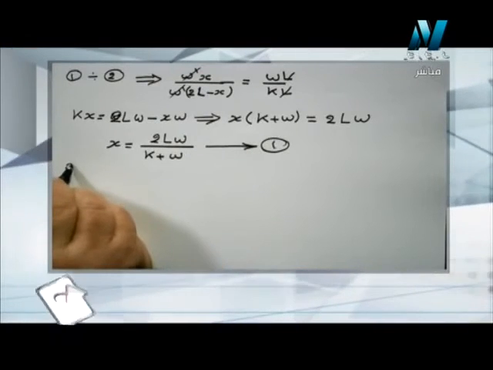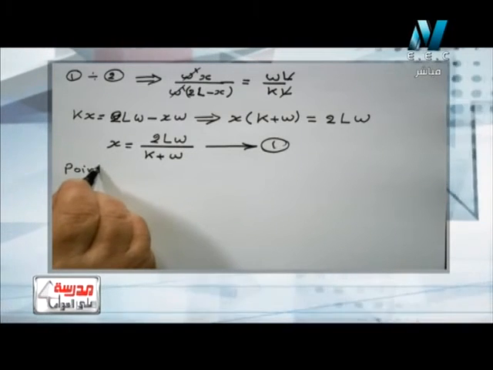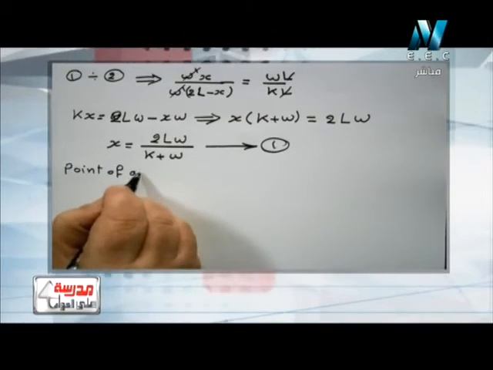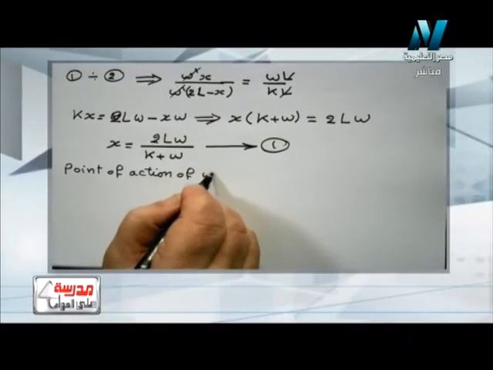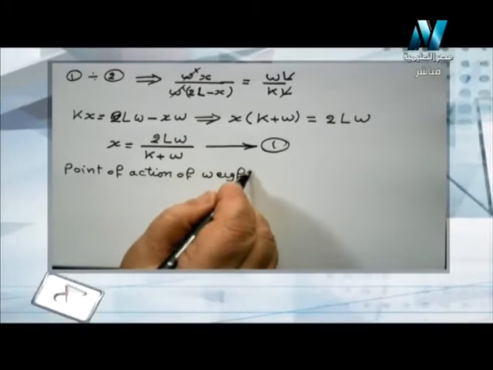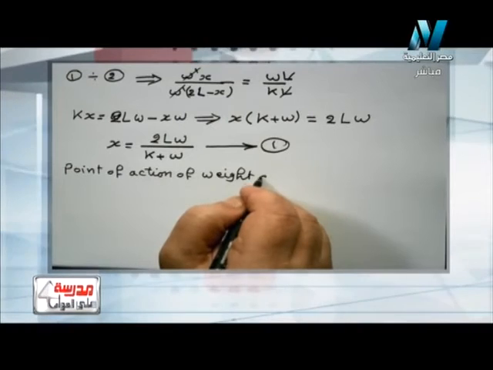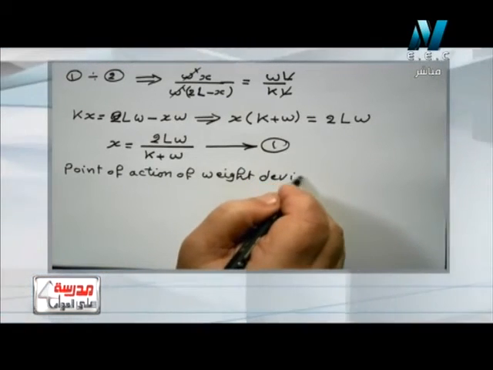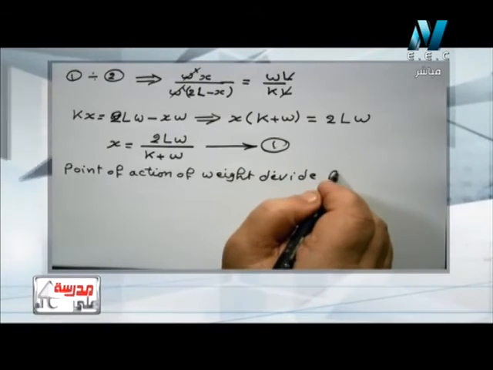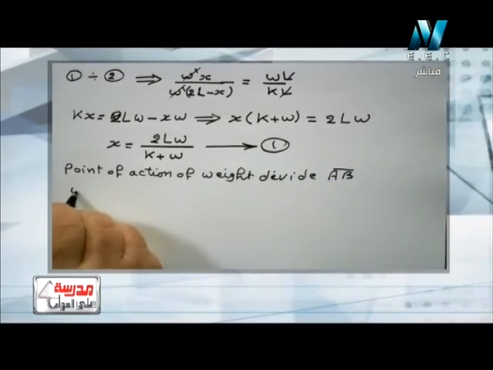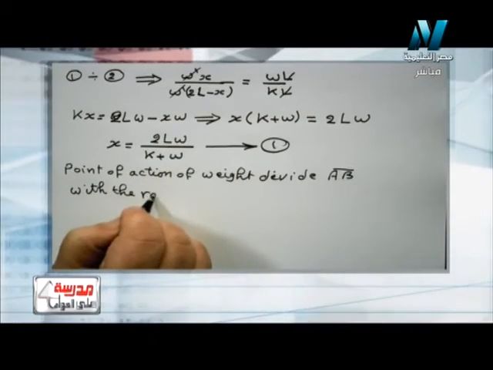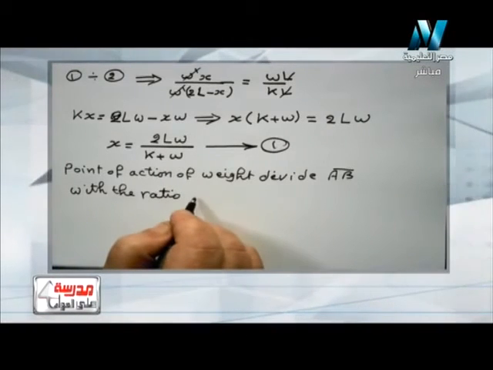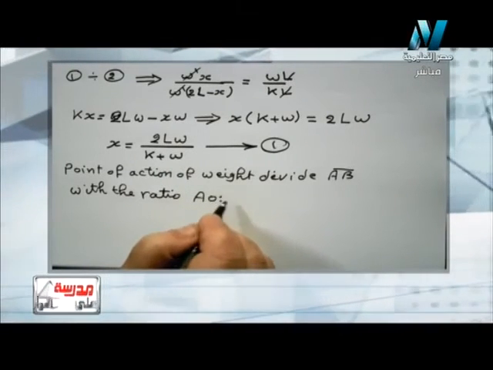So directly we get the point of action of the weight, they divide AB with the ratio AO to OB.